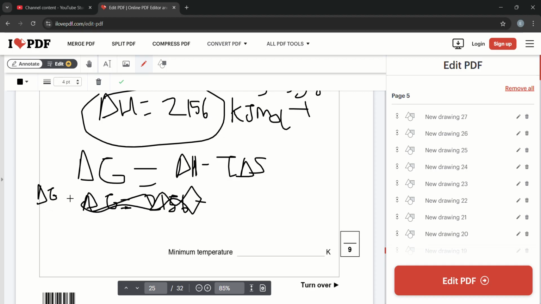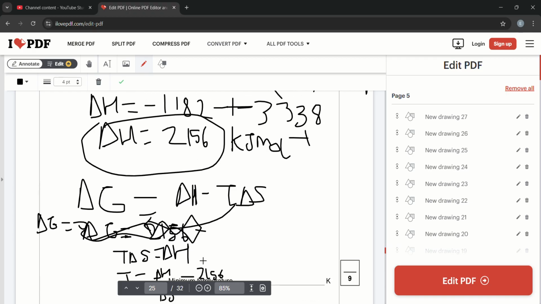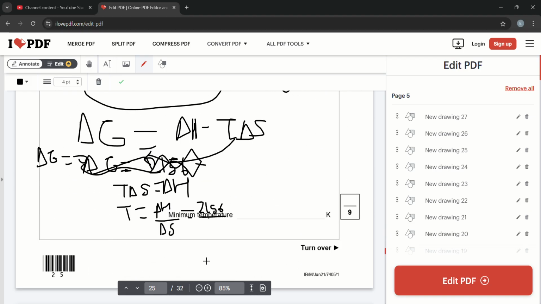Moving this to the left hand side, we get T delta S equals delta H. Therefore T is equal to delta H over delta S. Delta H is 2156 over delta S, which is 634.